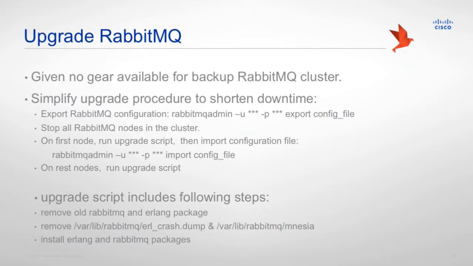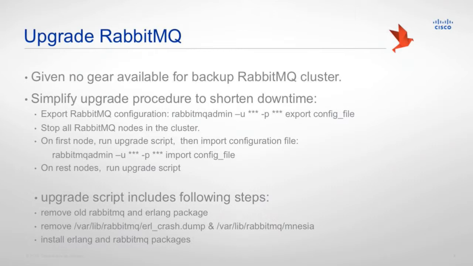We first export the configuration in RabbitMQ, and then we stop all RabbitMQ nodes. Next, on the last RabbitMQ node we stopped, we run the upgrade script. This upgrade script removes the old RabbitMQ, and if you also want to upgrade Erlang, removes Erlang too. Then we delete the Mnesia database, and you can also delete the crash dump file.